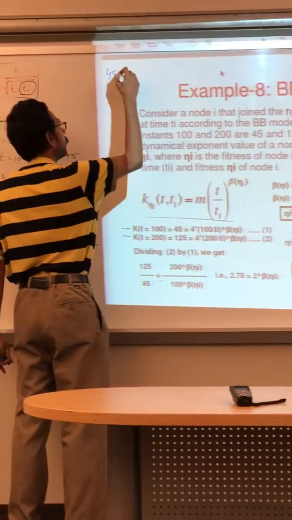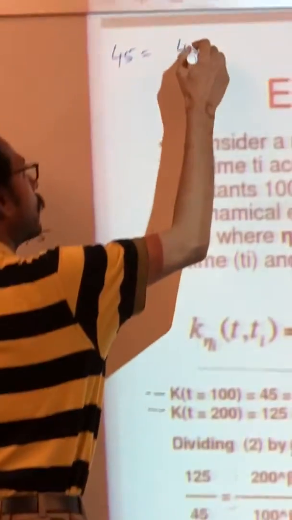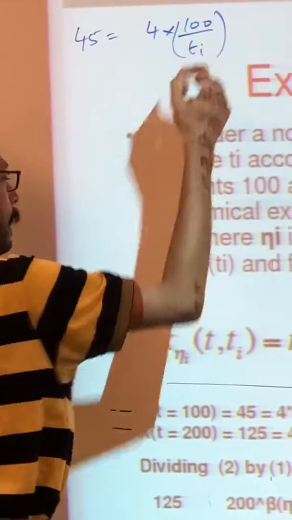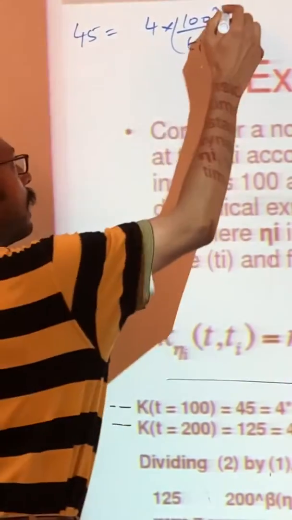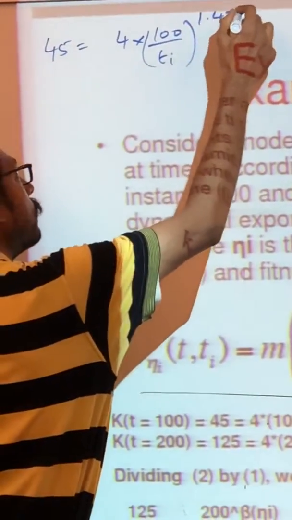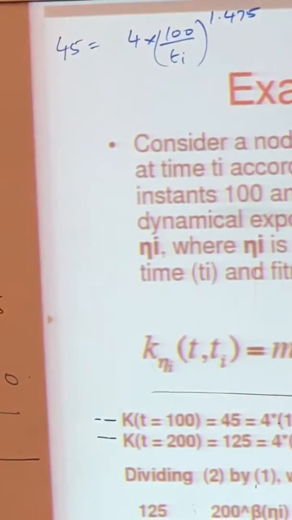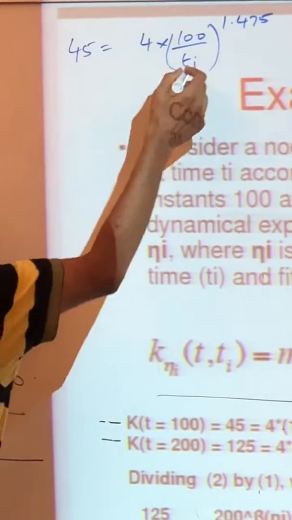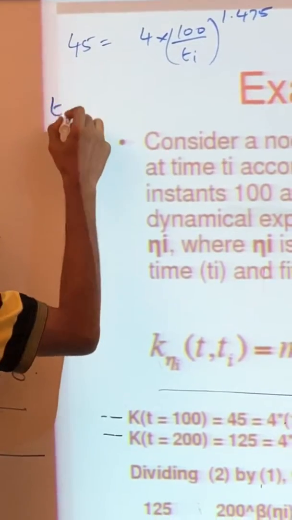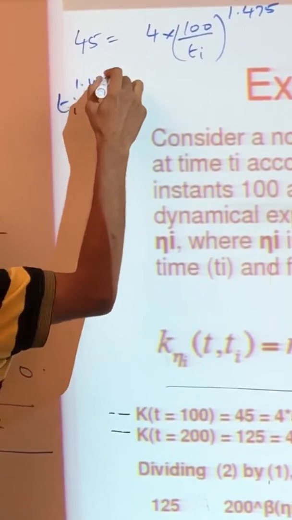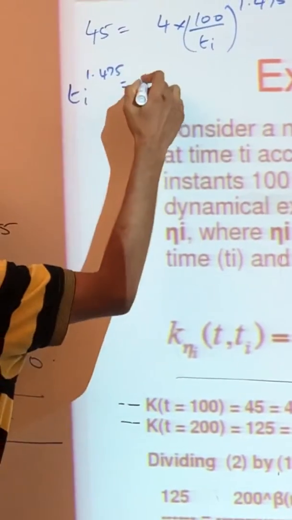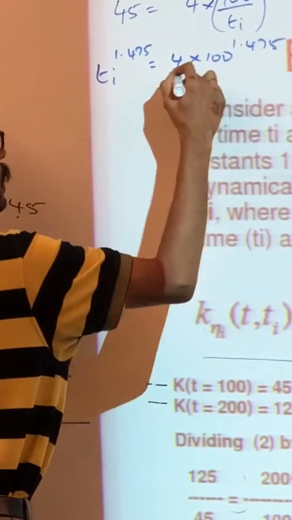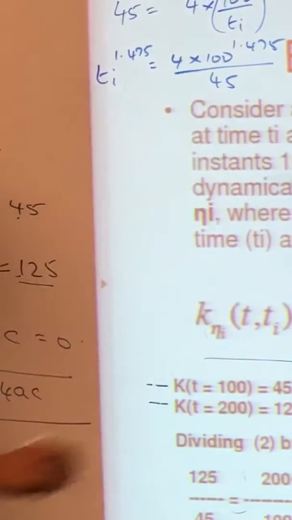So 45 equals 4 times 100 over Ti, the whole thing raised to beta of eta I. So that is 1.475. So again, you can use the logarithm as a basis to solve this, right? So this is Ti raised to 1.475. I just bring it this side, it is 4 times 100 raised to 1.475 divided by 45.